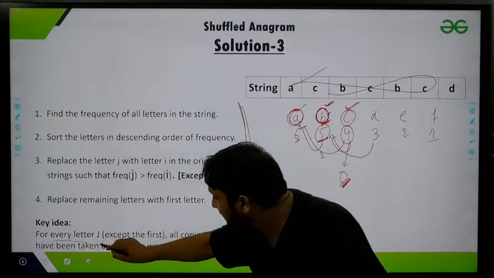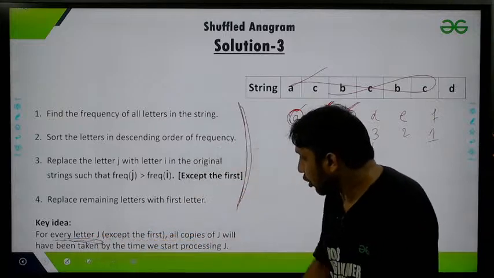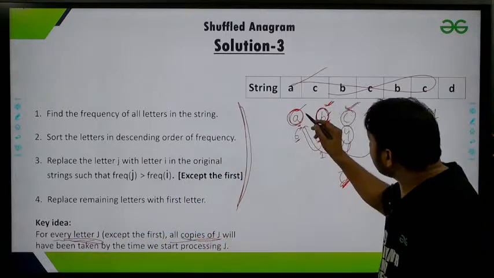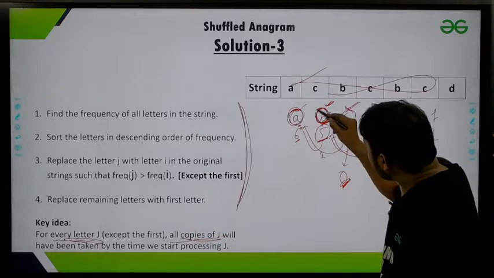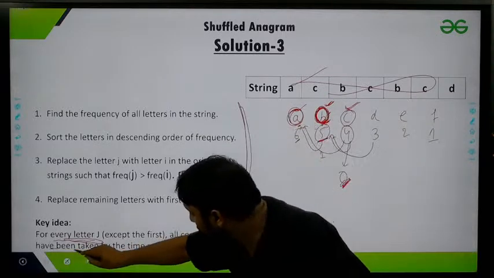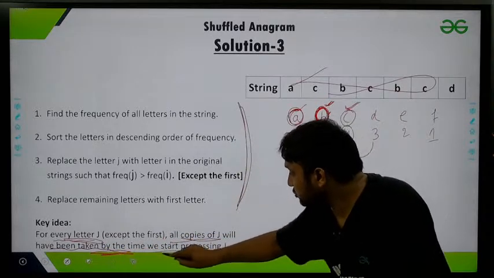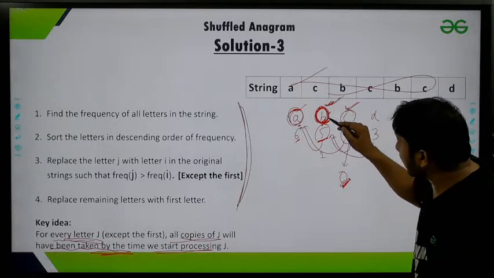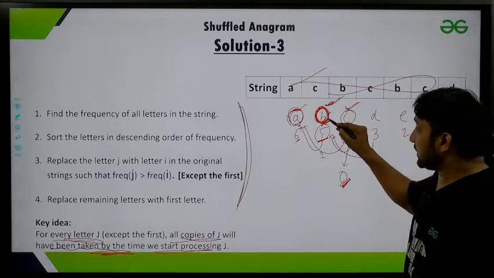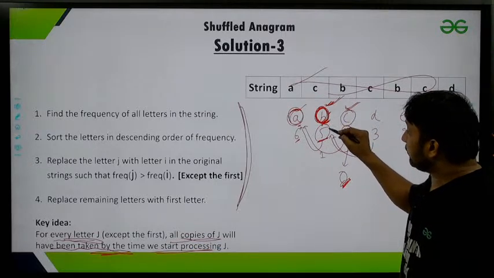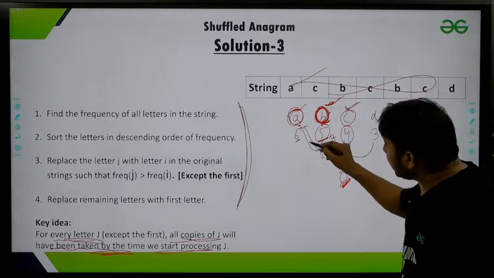This is what he is saying. For every letter J, all the copies of J have already been taken when we start processing J. When we start replacing B, we see that we have already consumed it.